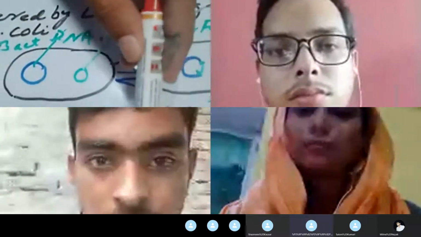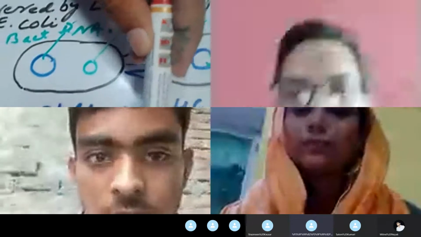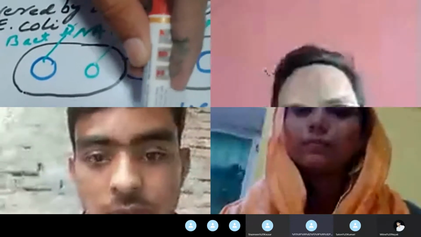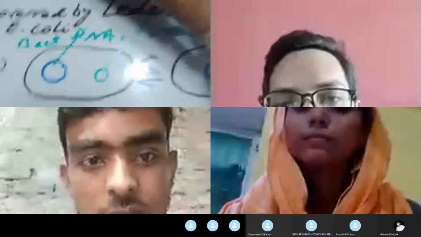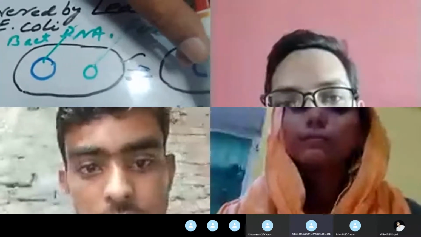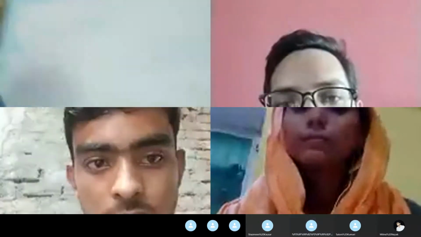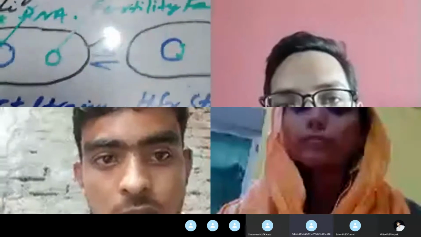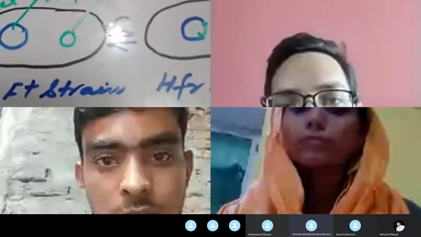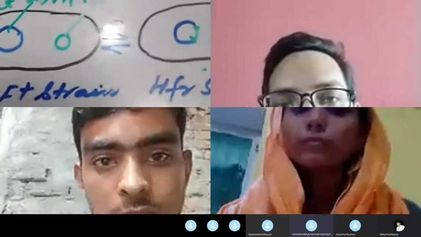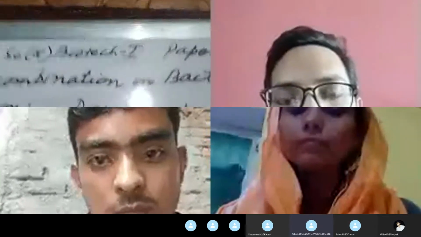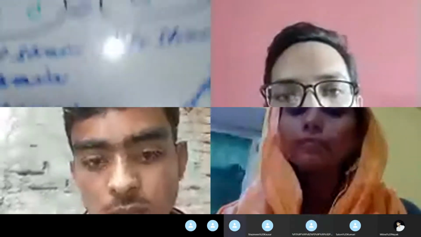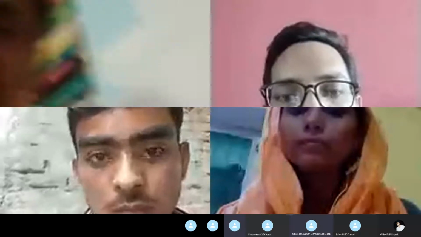After the formation of the conjugation tube, one copy of the sex fertility factor undergoes replication, and one fertility factor is transferred through this conjugation tube to the F minus cell. And finally, at the end of conjugation between the F plus and F minus strain, the F minus strain gets converted into F plus strain.